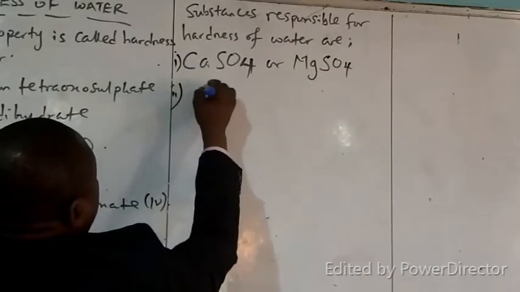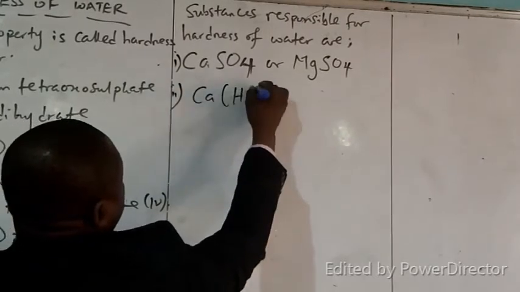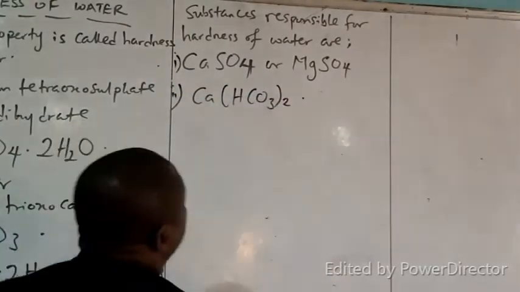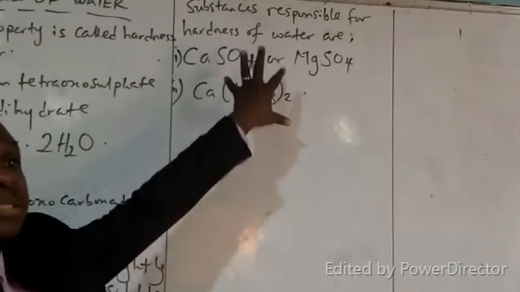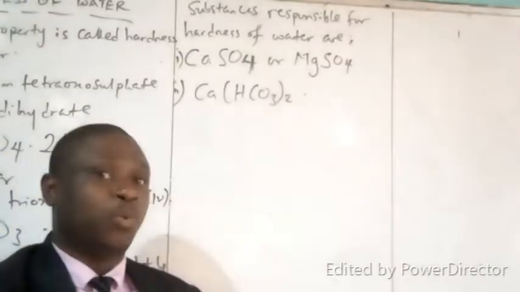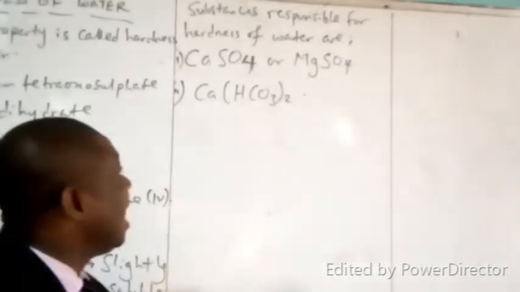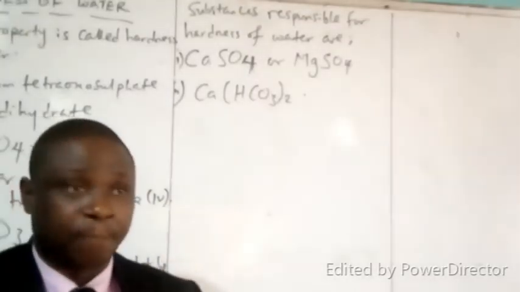Then the second one is calcium hydrogen trioxocarbonate(IV). When you have these substances in water, they cause hardness of water.